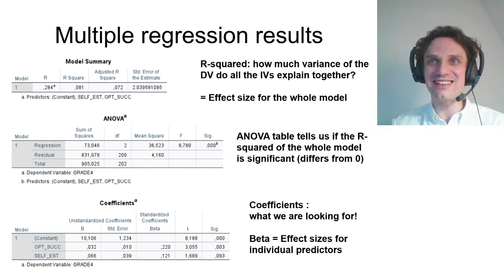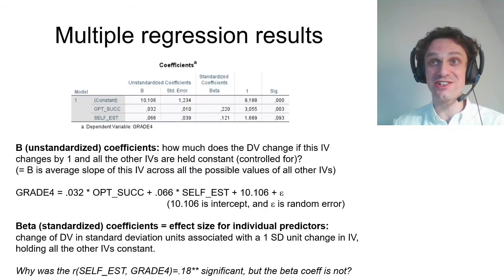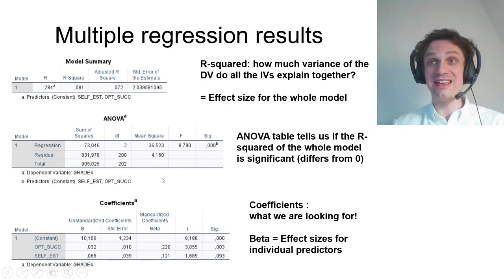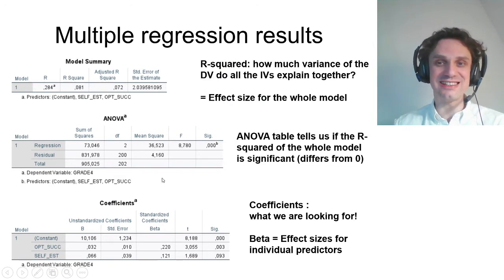So to evaluate the significance of a regression, we use Fisher's F-test. And this table tells us if this R-squared that we have seen in the previous table differs statistically from 0. Is this R-squared statistically significant? Does our model explain anything at all?